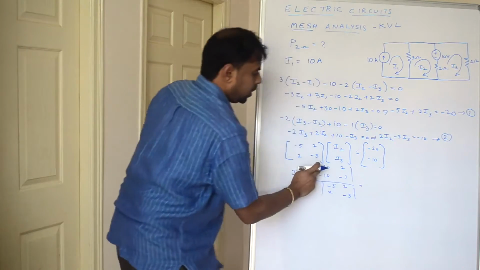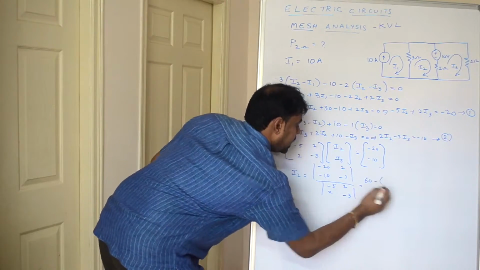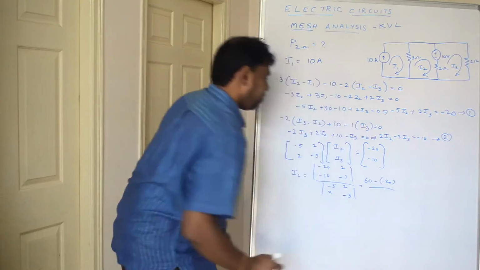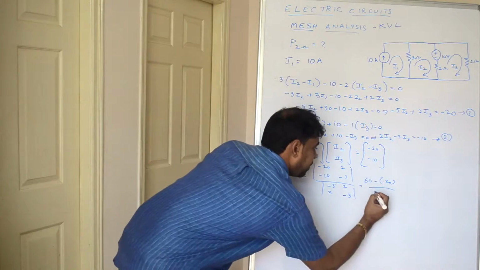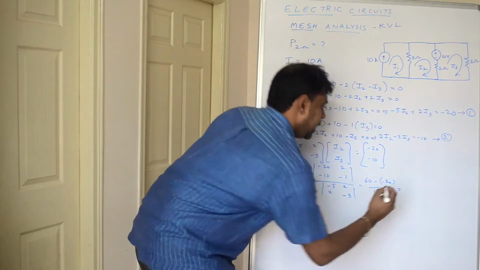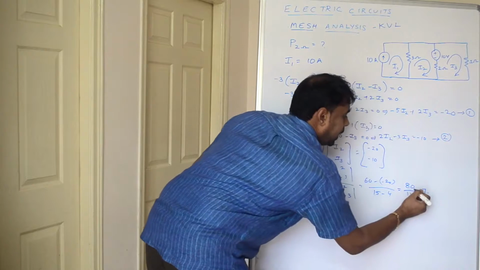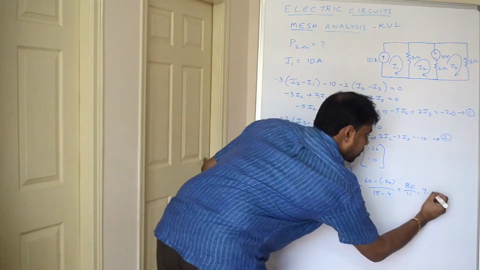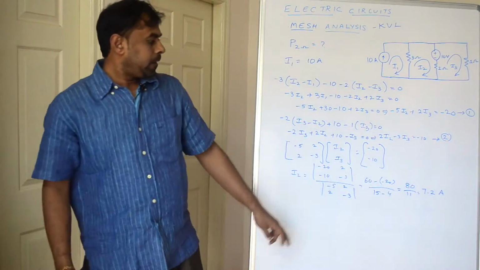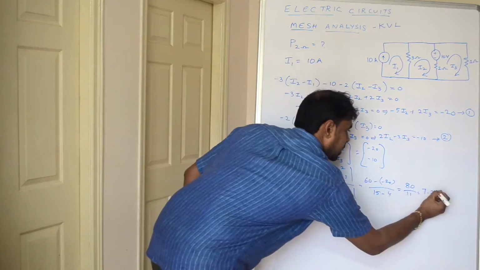So minus 20 into minus 3 is plus 60, minus 10 into 2 is minus 20, over minus 5 into minus 3, which is plus 15, minus 2 into 2, which is 4. So it will be 80 by 11. It is approximately 7.2, some 6 or 7 it will become.